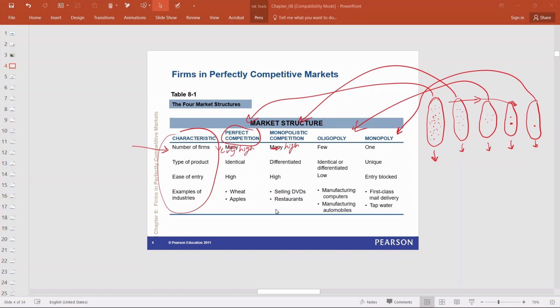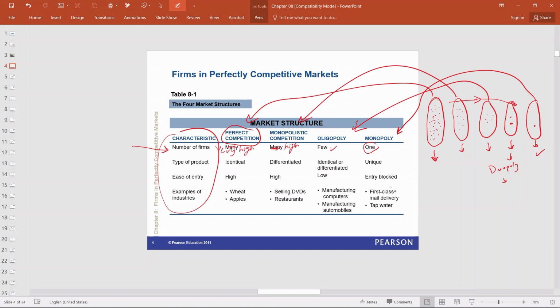And for oligopoly, we only have a few sellers, and monopoly only one seller. But for duopoly, it's only two sellers, and then monopoly, we just said that it is only one firm operating in this market.